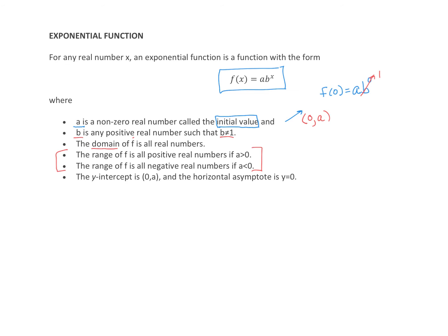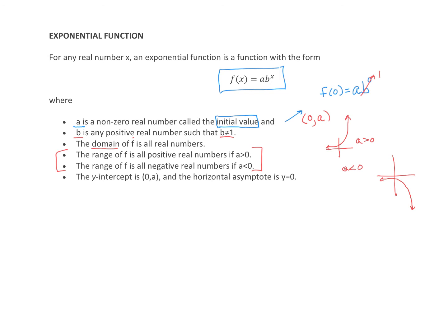So let me give you a quick sketch of these two. If a is positive, our graph is going to look like this, and everything is going to be positive. But if a is less than 0, in other words, it's negative, then our graph is going to look like this.